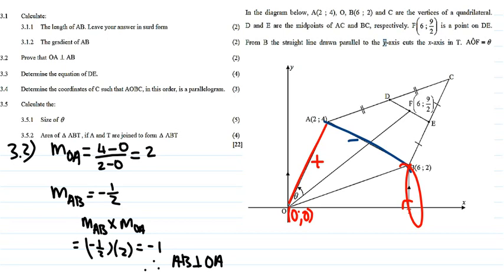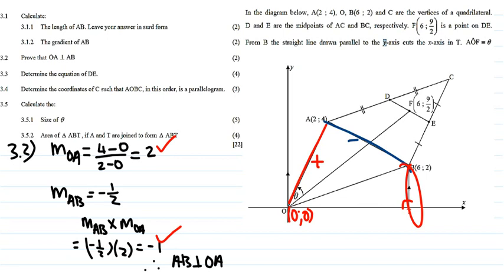So obviously your first mark is in finding the gradient of OA, and the second mark is here, this conclusion. We won't give you a mark for AB because you already found it in the previous question, so you have already been prepared for that.